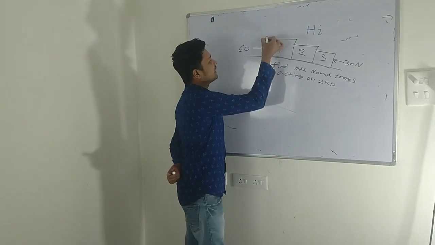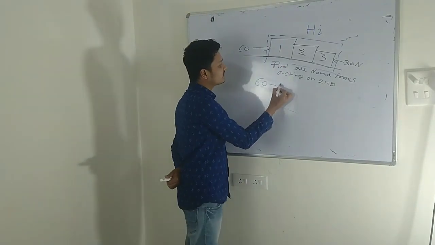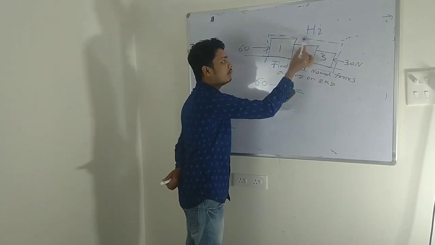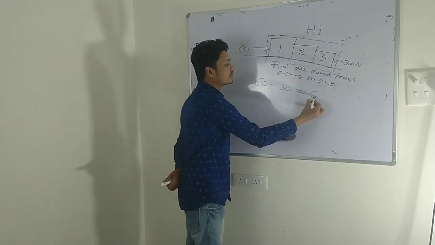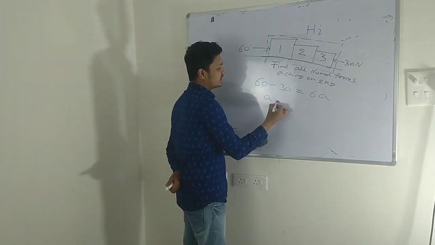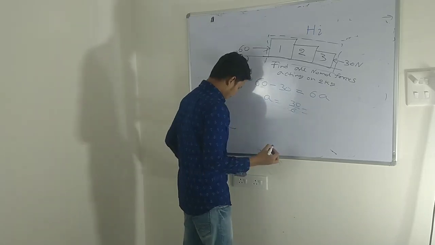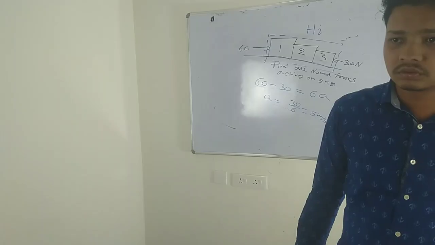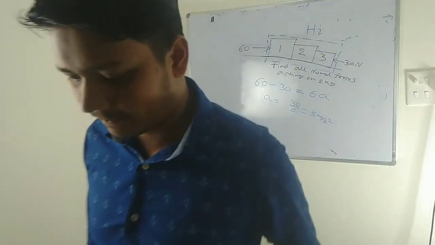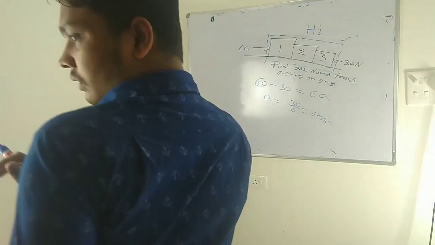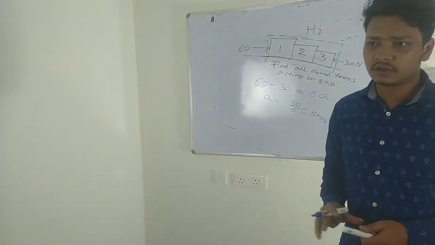Okay, so let me take this: 60 minus 30, net force, is equal to m, the total mass of the system, 6 kg, into A. So A is equal to (60 minus 30) by 6. Sorry, the video was fast.